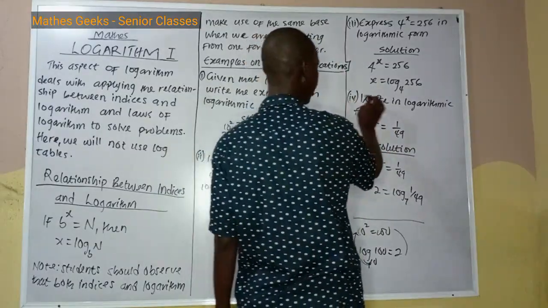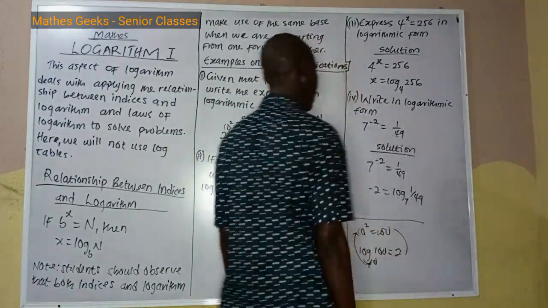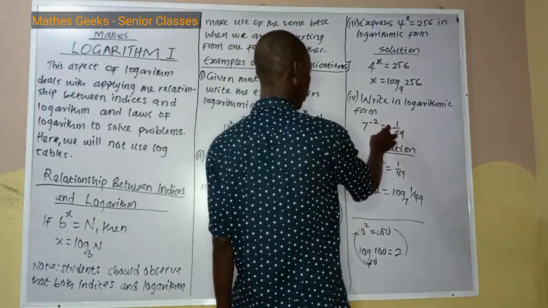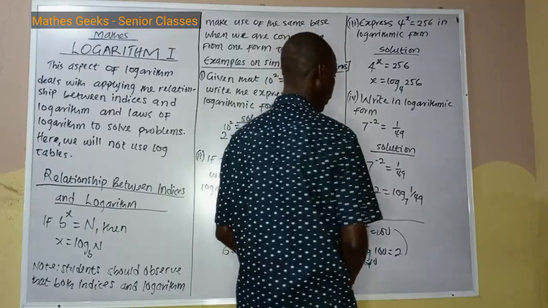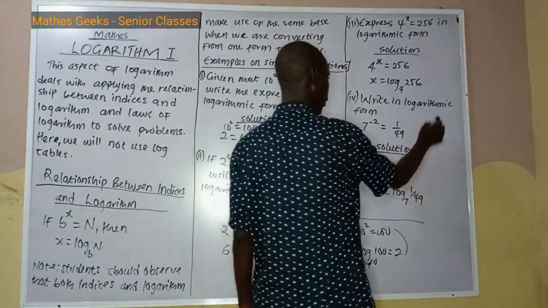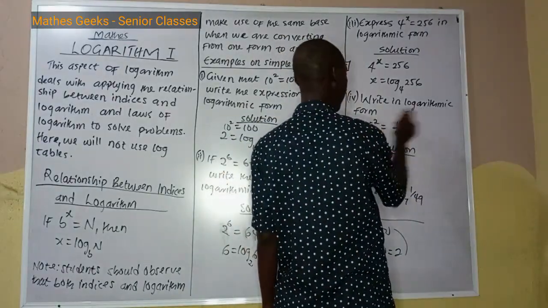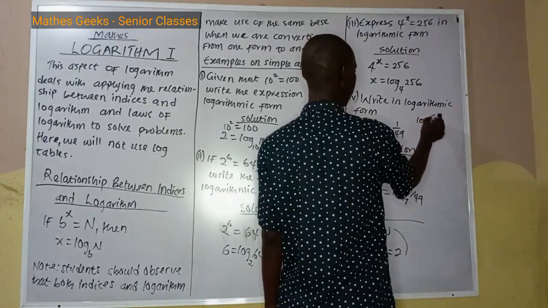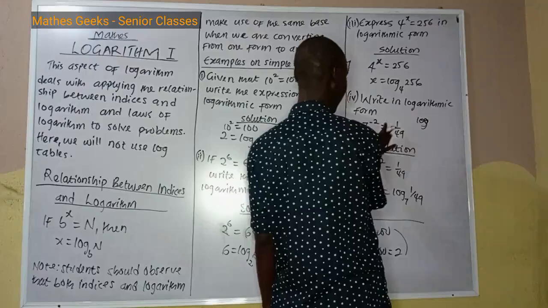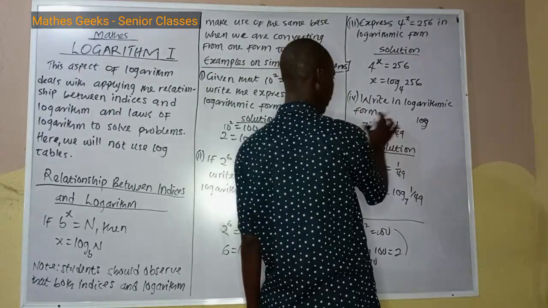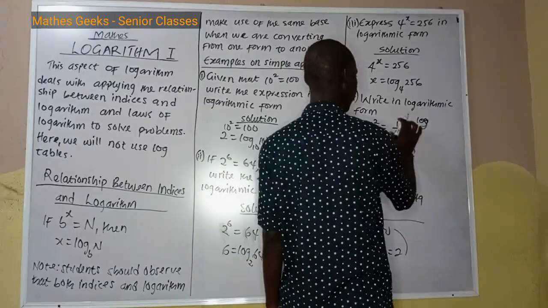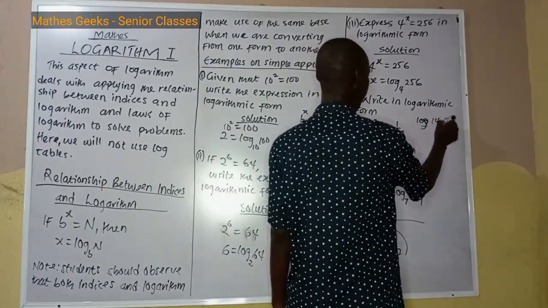Number 4, write in logarithmic form: 7 raised to minus 2 is equal to 1 over 49. So our power here will become our result. The result in index notation, 1 over 49, in logarithmic form is what I'm going to write here.